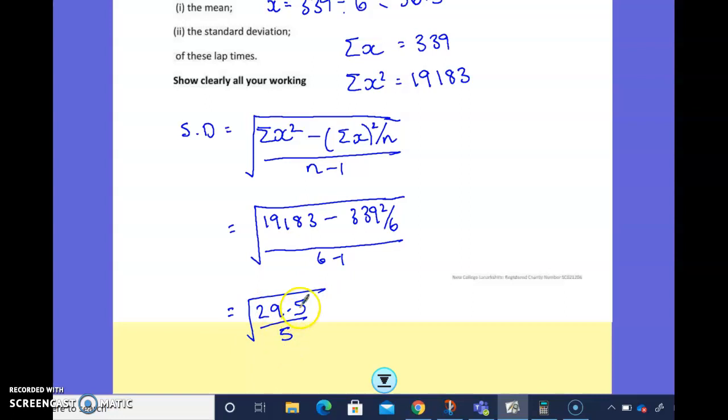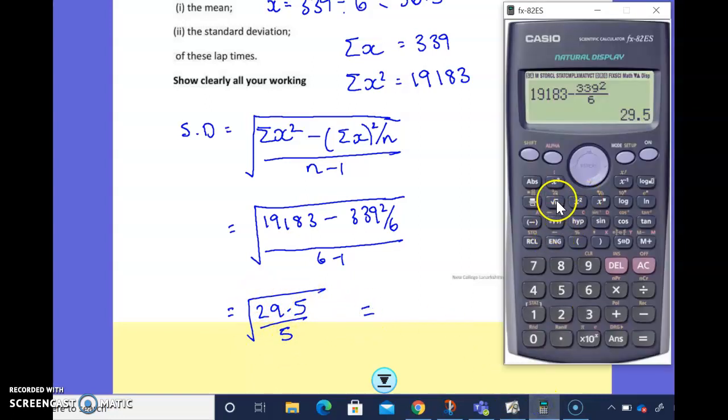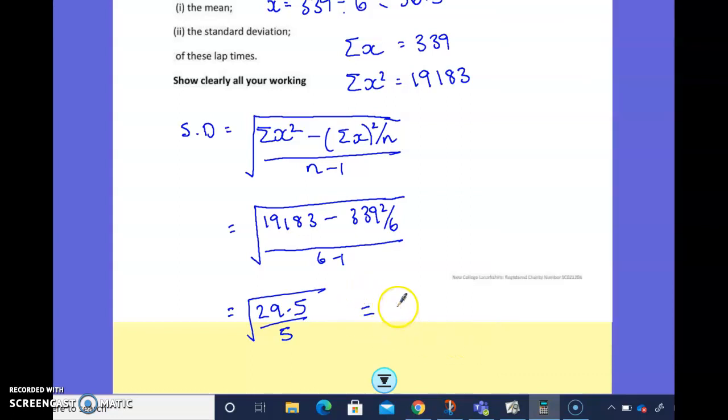If you've used the other formula, you should be at the exact same point by now. So that's the square root of 29.5 divided by 5, which is 2.4. Okay, nothing new there. That should have been all the same as just calculating standard deviation we've done in the last couple of videos. The new part's on the next page.